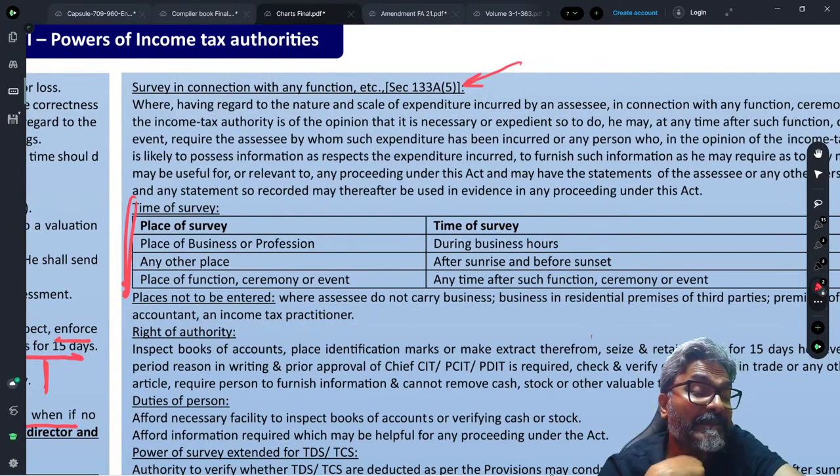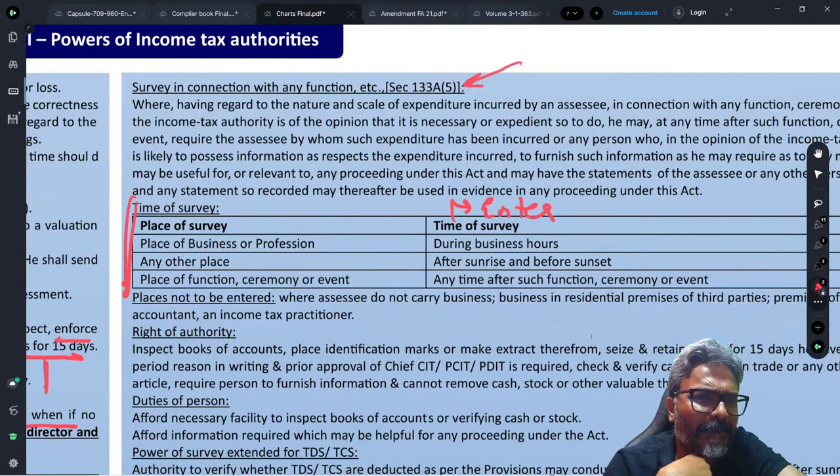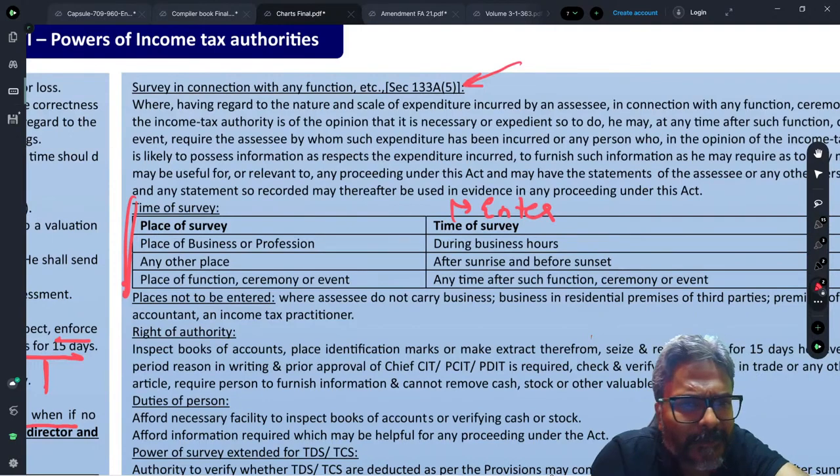This time, by the way, students, is the time to enter the premises, not to exit. Be careful. This time is only meant for entering the premises and not for exiting. Is that clear, all of you students? So to enter is what this time is all about.